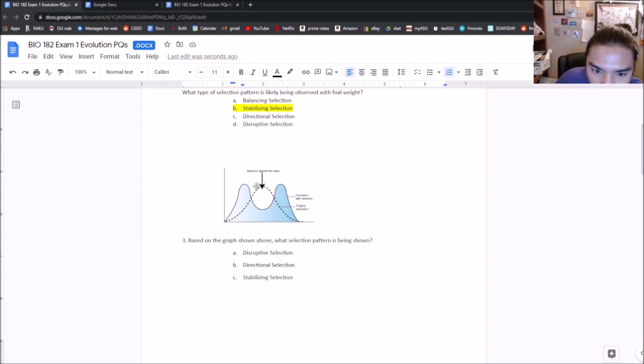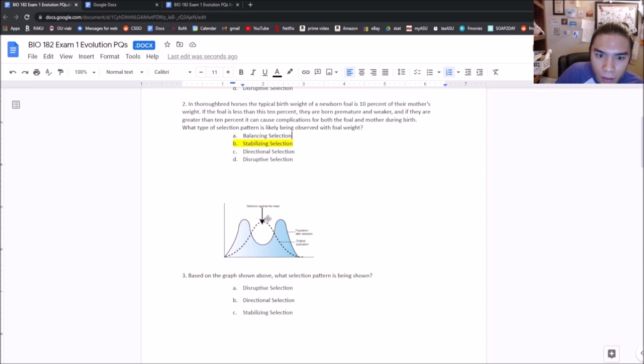So it looks like the dotted line was the original population, and the blue shaded one is the population after selection. So we see that the middling variables are not being selected against.